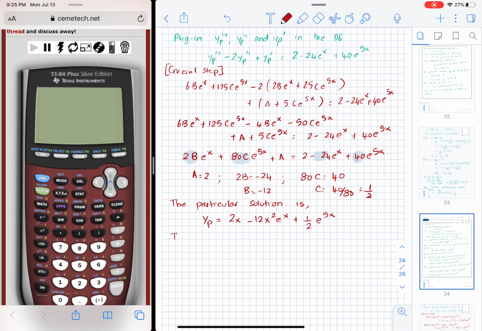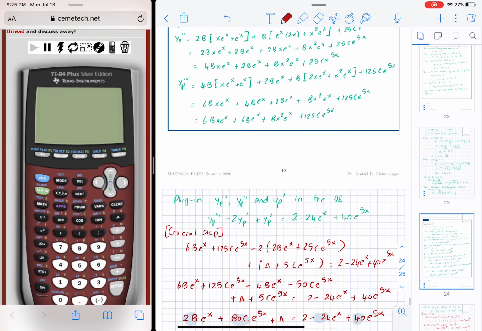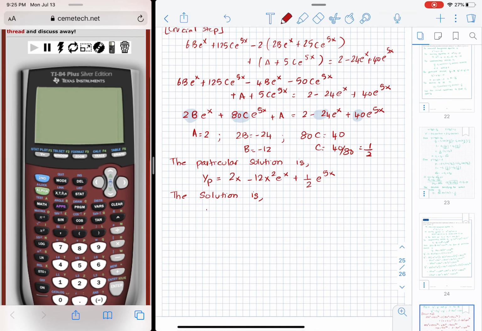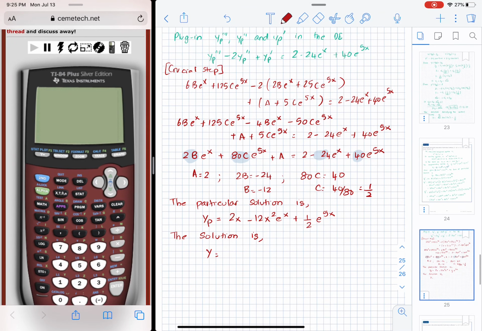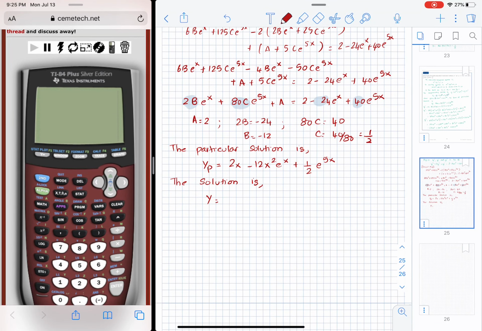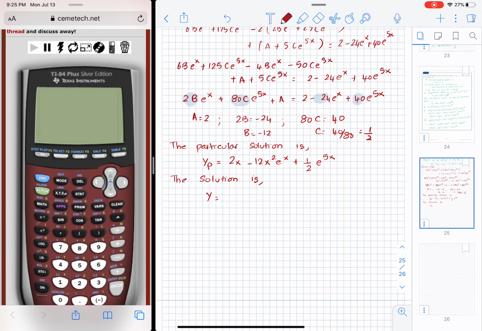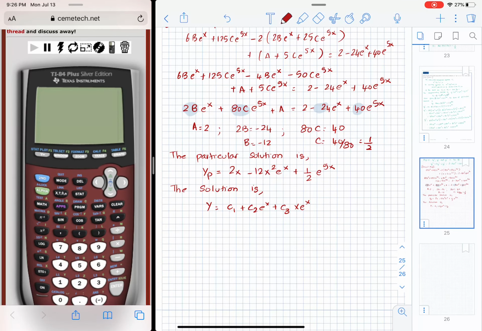So the solution is the sum of the complementary function, which is c1 plus c2 e^x plus c3 x e^x, and the particular solution 2x minus 12x squared e^x plus 1/2 e^(5x).